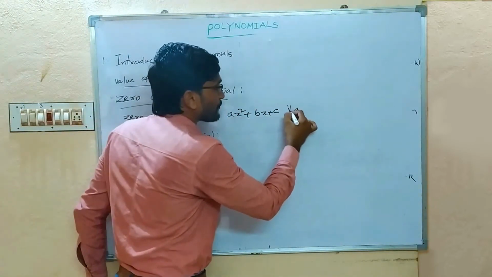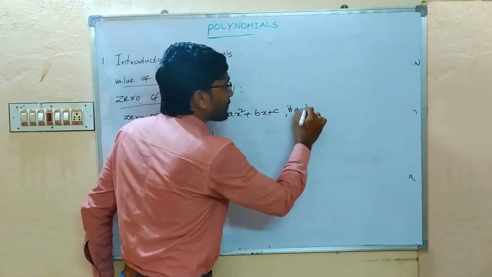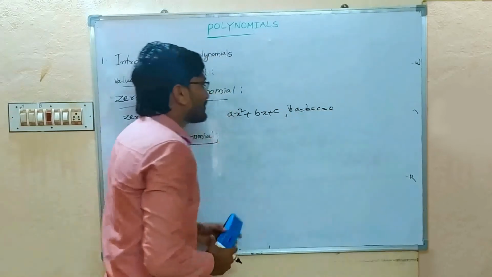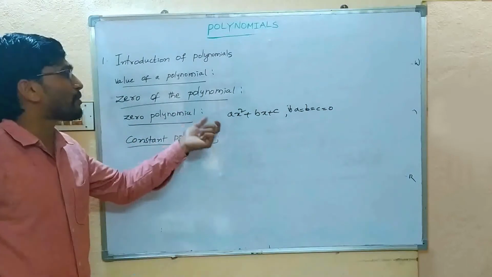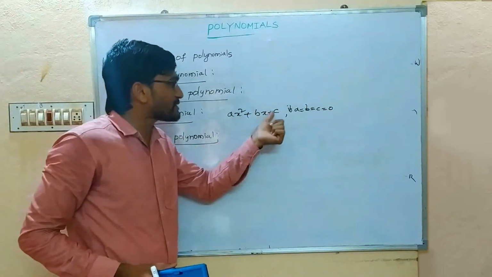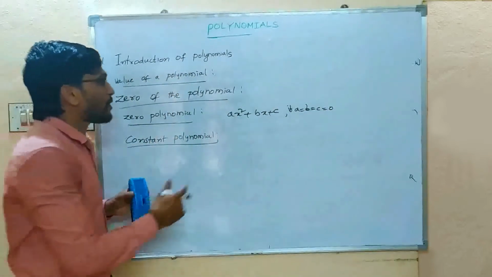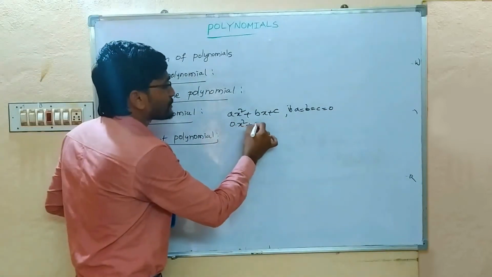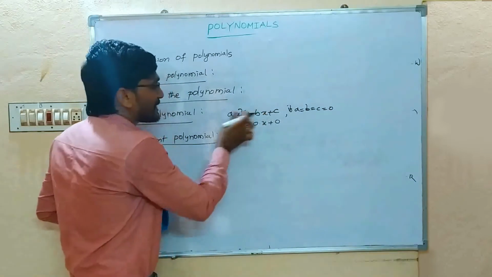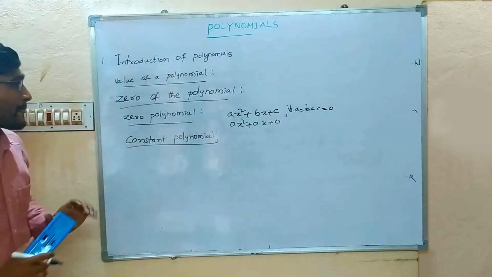If a is equal to b is equal to c equal to 0, then it is called a zero polynomial. All the coefficients are zeros, so it is called a zero polynomial. That means 0 into x square, 0 into x plus 0. So it is called a zero polynomial.